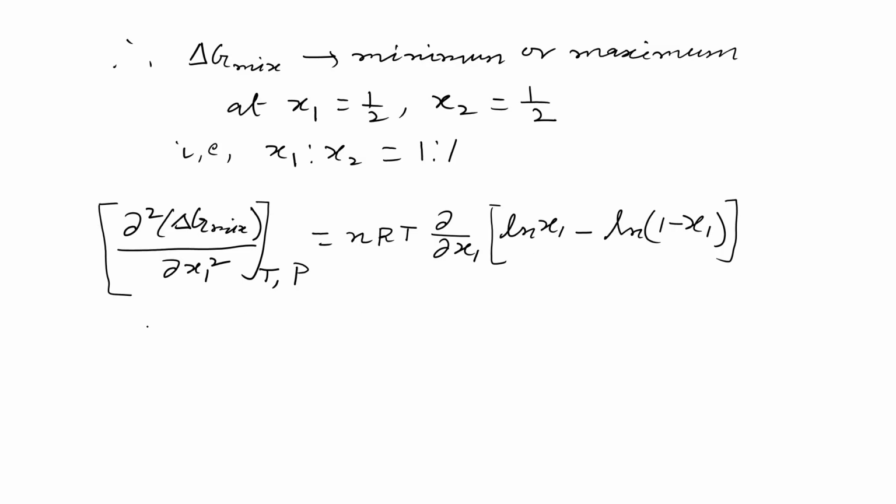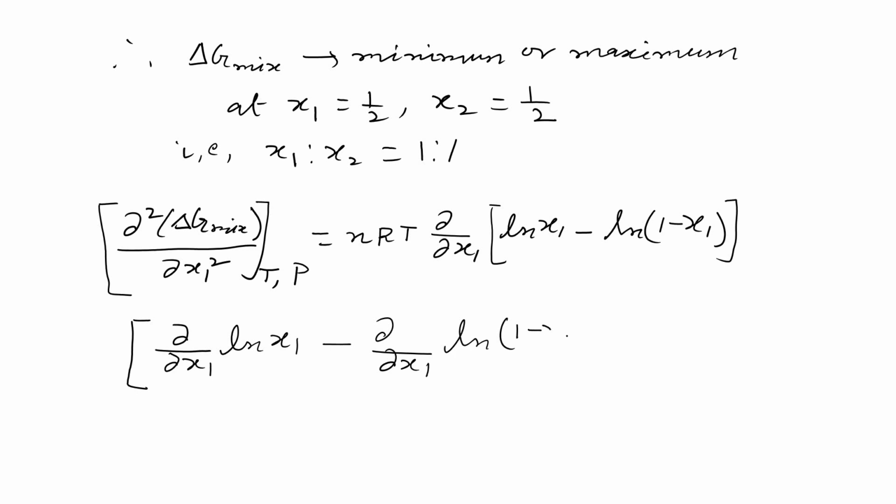That is ∂/∂x1 of ln x1 minus ∂/∂x1 of ln(1 − x1). The first will be 1 by x1.